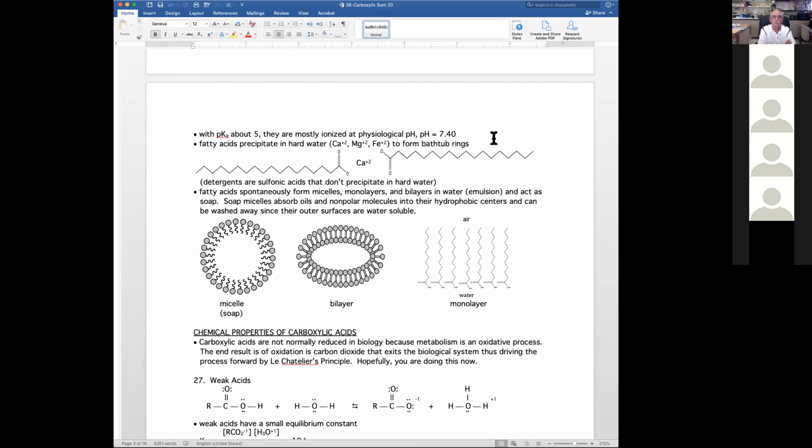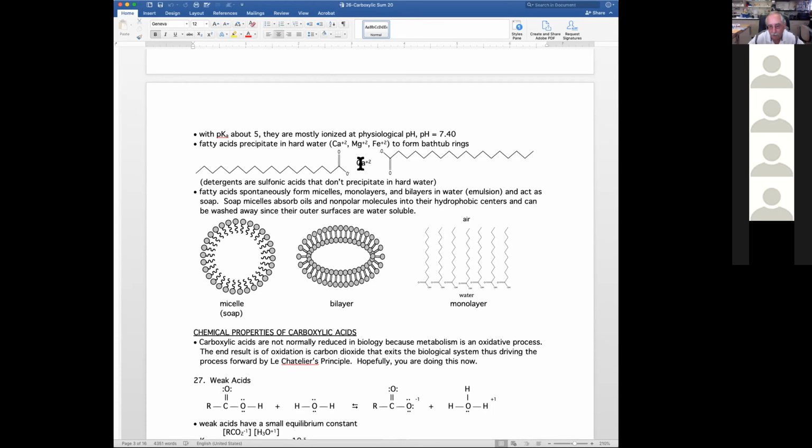And so the way to prevent that from happening is you use a water softener. What a water softener does is it replaces the divalent cations with usually sodium. So it's really an ion exchange resin that grabs onto the divalent cations and then releases sodium in their place.